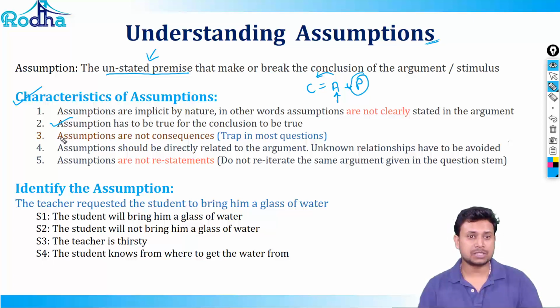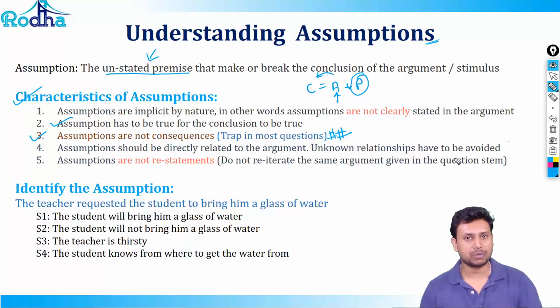Third, assumptions are not consequences, and that's a very important point to understand. A lot of questions wherein they create an incorrect option are based on this point. Sometimes we assume that assumptions are something that's going to happen later, and we'll refer to this point when we do the question. Fourth, assumptions should be directly related to the argument.